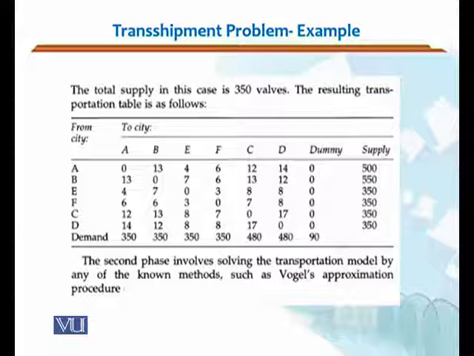Now, as it is a balanced transportation problem, you can solve it using any known transportation method. There is the Vogel approximation, there is the northwest corner method, and there are other methods as well. So you can use any of those algorithms to solve this transportation problem.